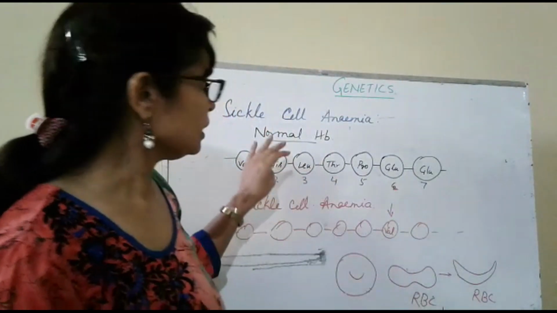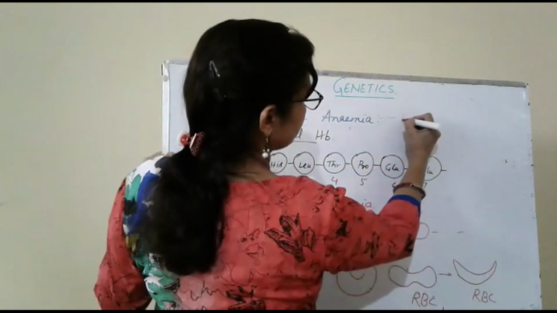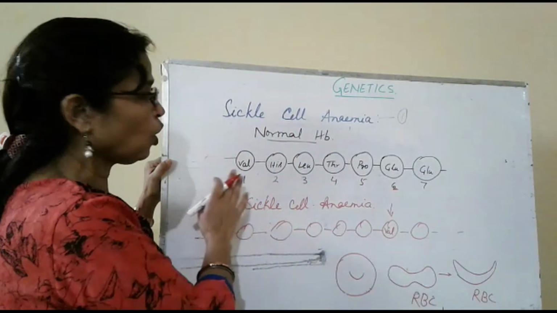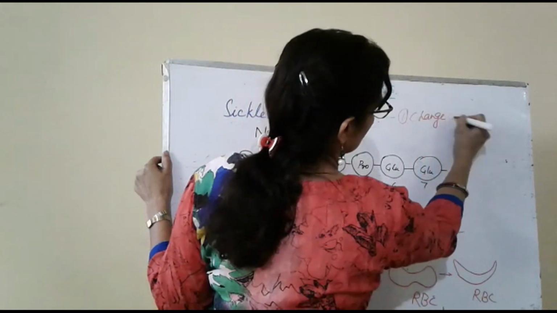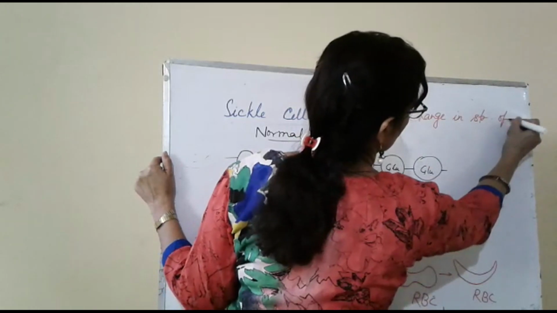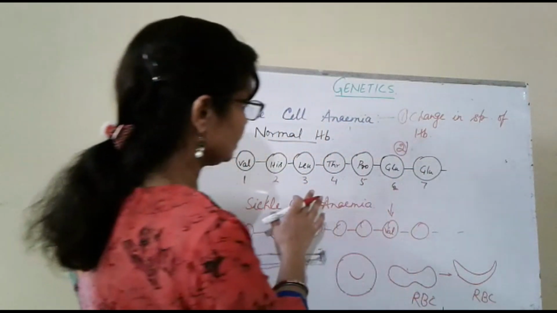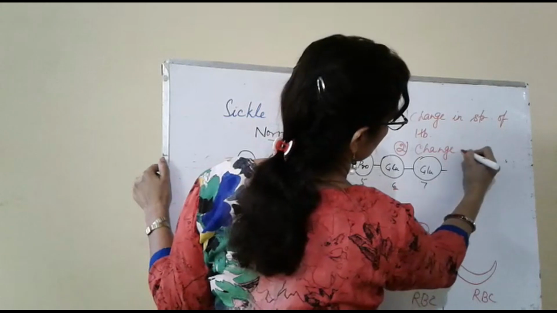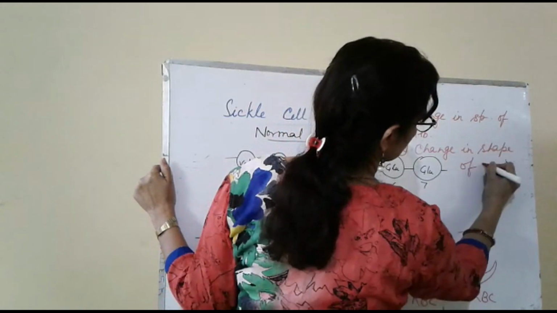So pleiotropy is very obvious in sickle cell anemia. The first effect is the change in structure of hemoglobin, and the second pleiotropic effect is the change in shape of RBC.